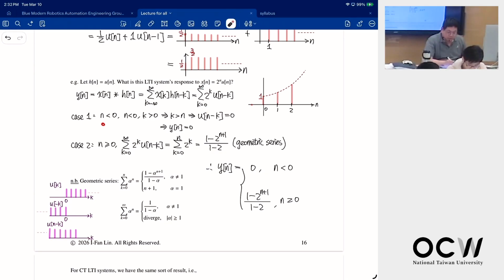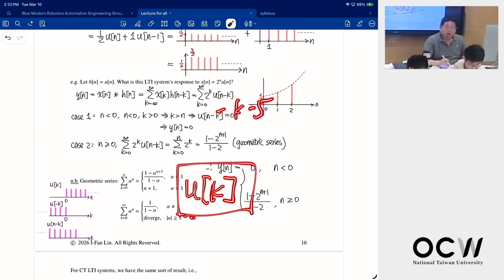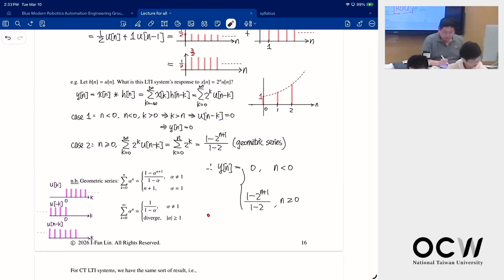So when n is less than 0, say minus 5, there will be minus k minus 5. In this case, for this unit step function, I only have values when k is greater than 0.